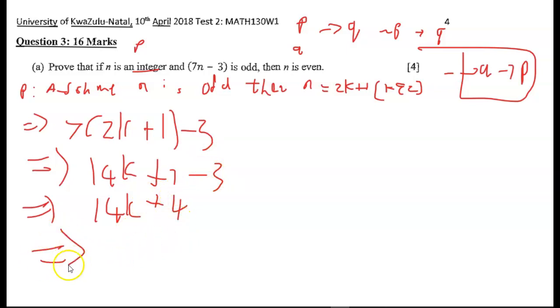Then I'm going to prove that it's even. If I take 2 as a common factor, because 2 times any number is even, I get 2 times 7k plus 2. And as you can see, 2 times the number has to be even.